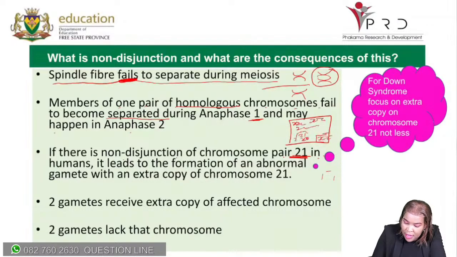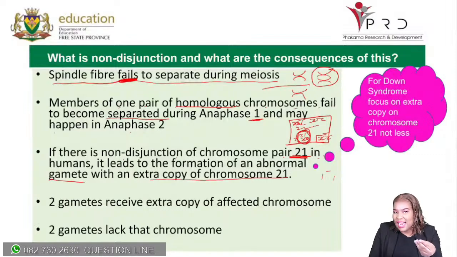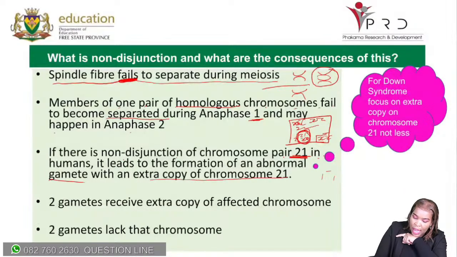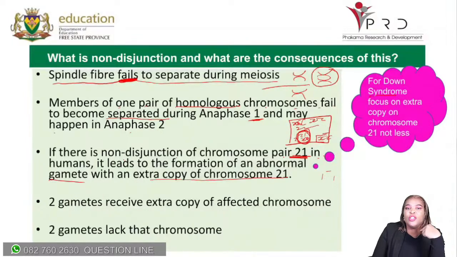Now, if they fail to separate at chromosome number 21, it leads to an abnormal gamete with an extra copy. So if this gamete is going to fertilize an ovum, it is going to fertilize an ovum with an extra copy of chromosome number 21, leading to a condition which we call Down syndrome. So it forms trisomy 21, leading to a syndrome called Down syndrome.